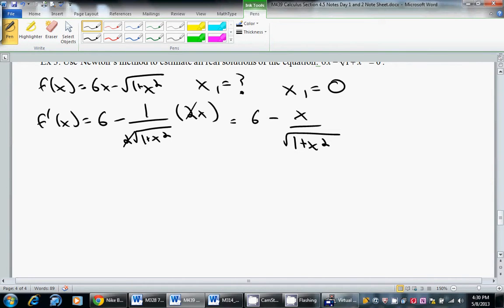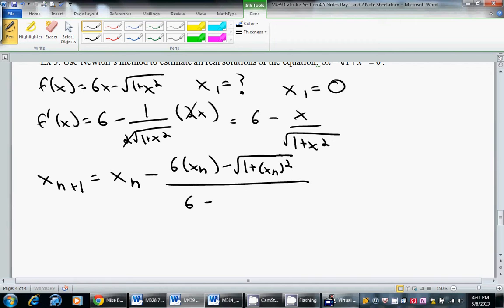And so, in general form for Newton's method, the next guess, x sub n plus 1, is going to equal x sub n minus f of x sub n, which is 6 x sub n minus the square root of 1 plus x sub n squared, all over 6 minus x sub n over the square root of 1 plus x sub n squared.